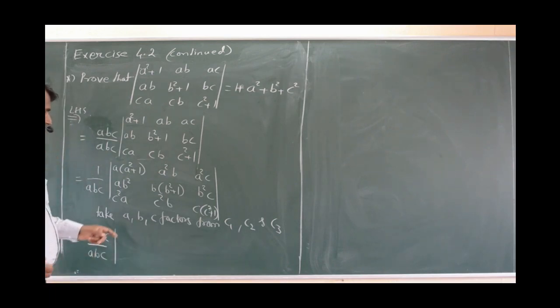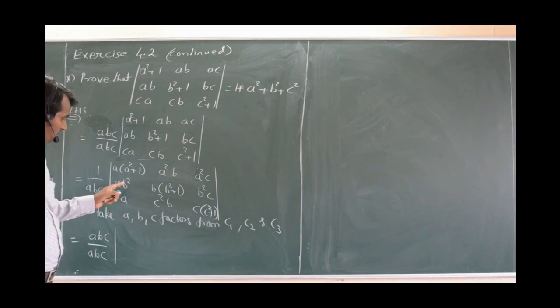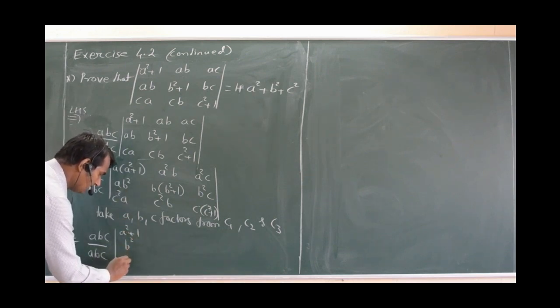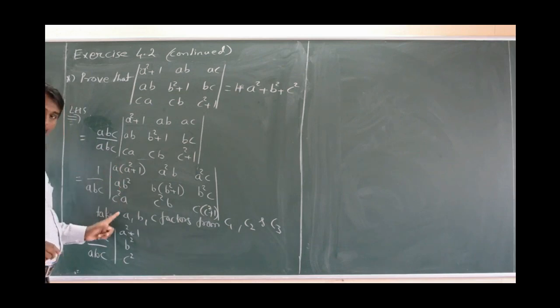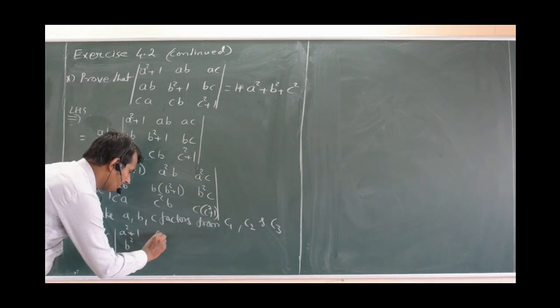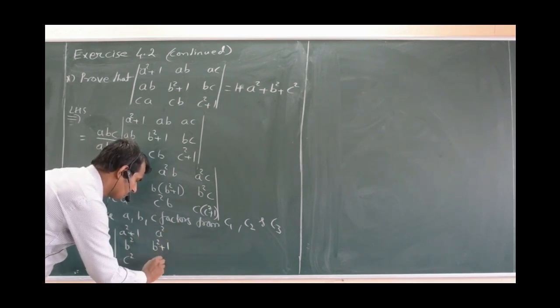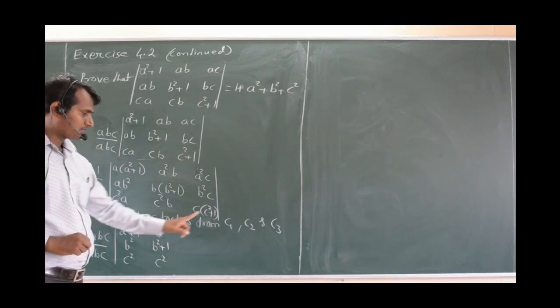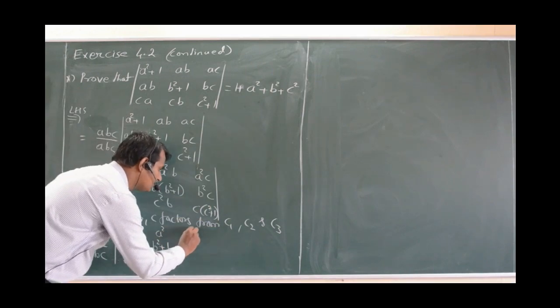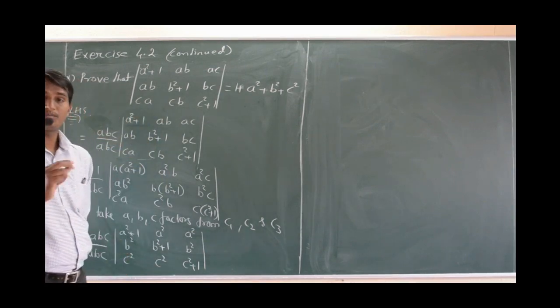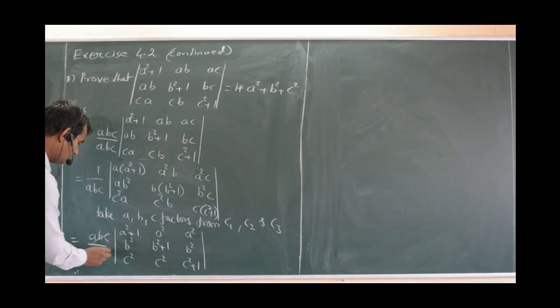From the first column, I am taking a common. What is the remaining part? a square plus 1, here b square, and then c square. I have taken a common from C1, then b common from C2. What we get here is a square, b square plus 1, and then c square. Now c factor from C3, that is, we get a square, b square, c square plus 1. Now dear friends, our problem is very simple, since these two terms get cancelled.